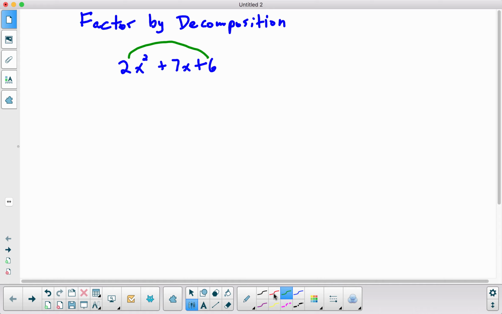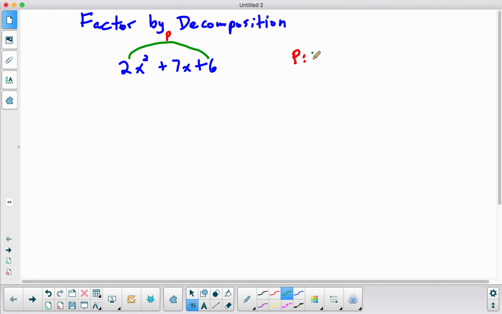I'm going to put that over here. So we have to find two numbers that multiply to 12. And also, the two numbers have to add up to get this middle number, which in this case is 7. So they have to have a sum of 7.